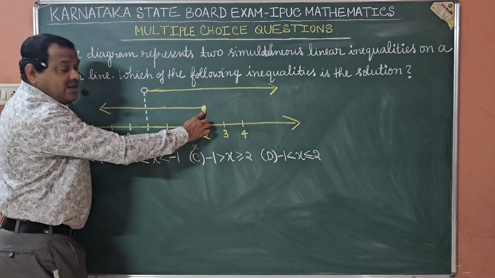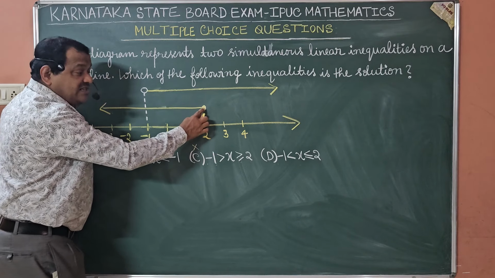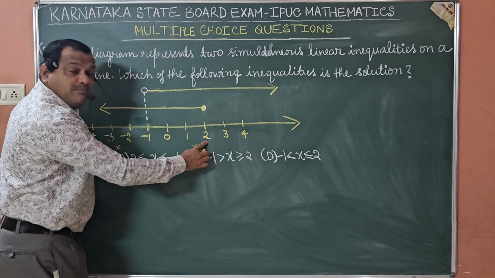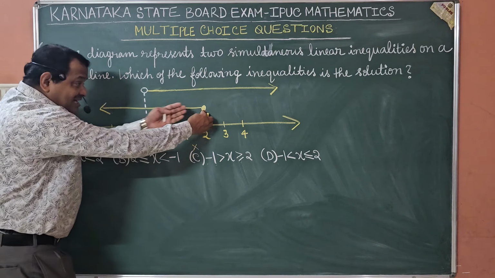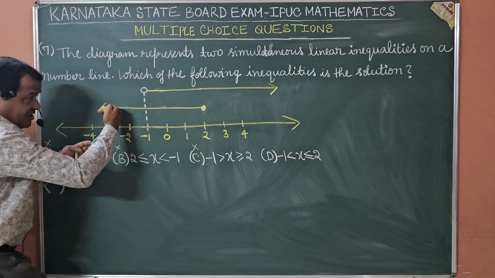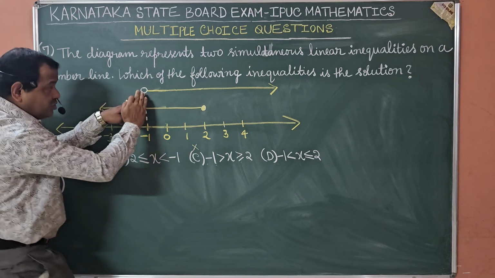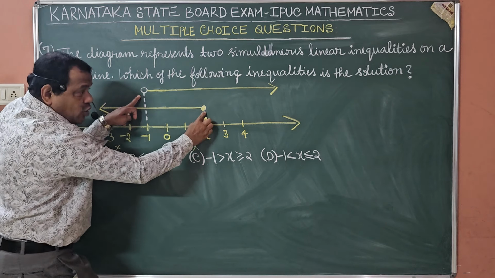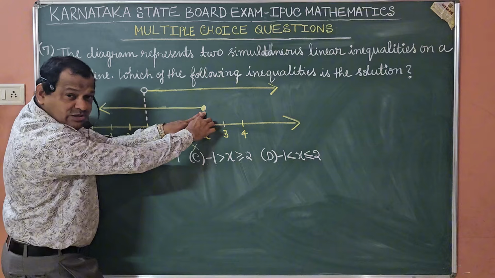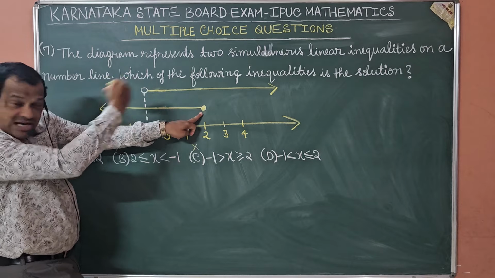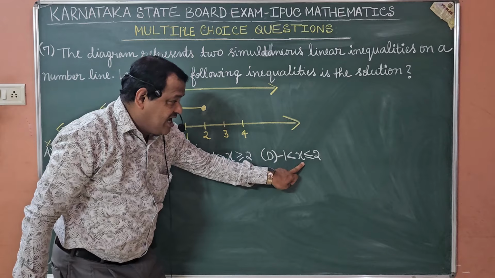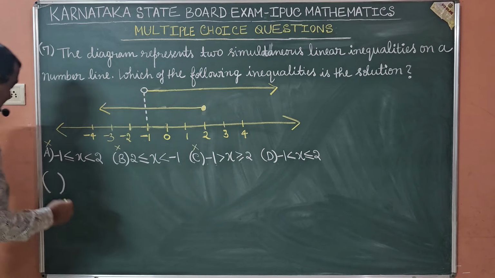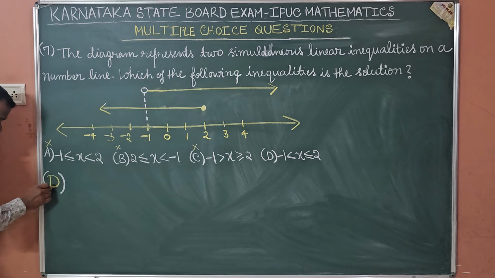This is not a bubble, it is shaded thick. When shaded thick, it means this number 2 is included, and it goes to the left. Therefore, minus 1 not included, greater than minus 1, but go till 2, and from 2 come back, less than or equal to 2. That is also given here. So minus 1 less than x less than or equal to 2. Hence option D is correct.